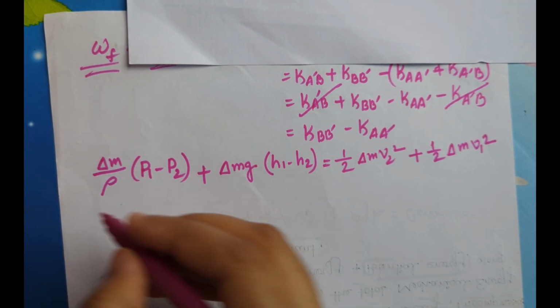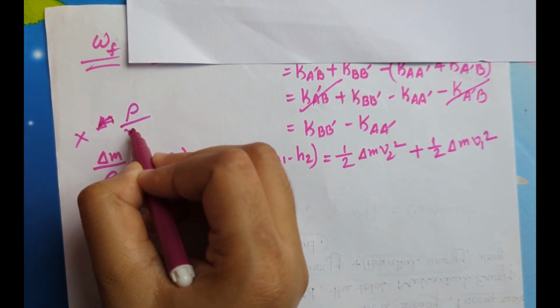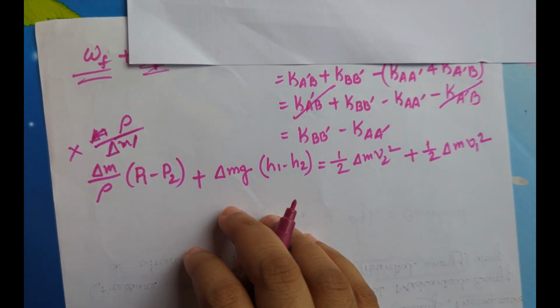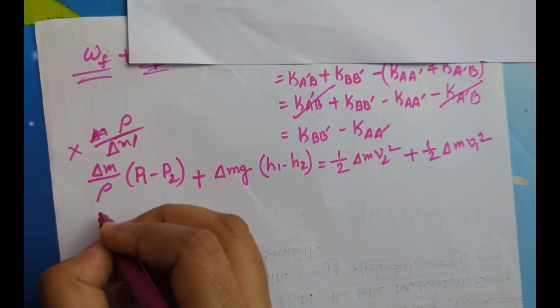Now if we multiply this whole equation by rho divided by del m, then all the del m will be cancelled out, and the rho in the first term will be cancelled out.